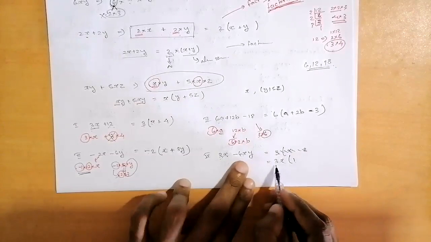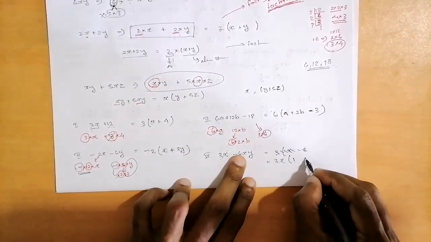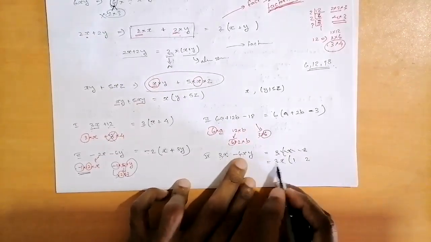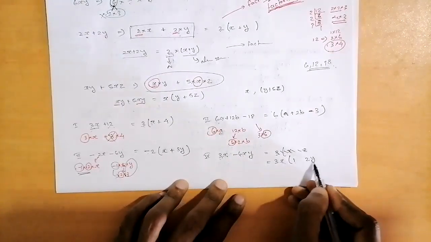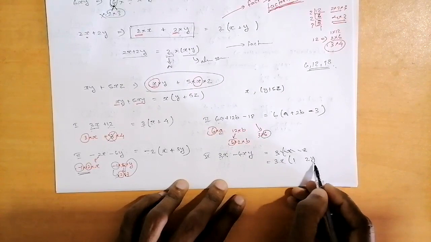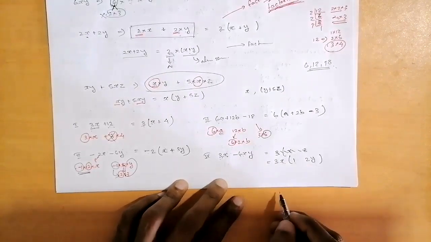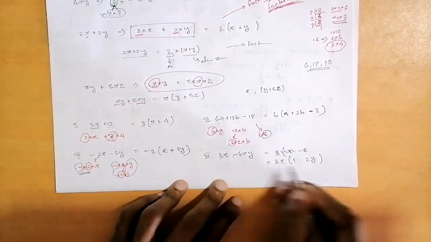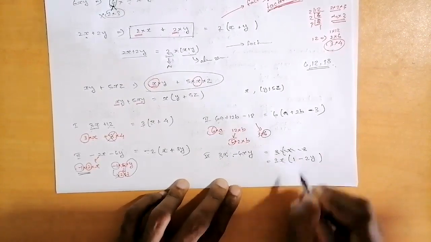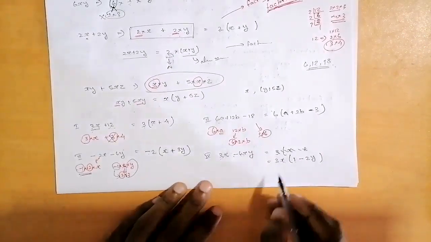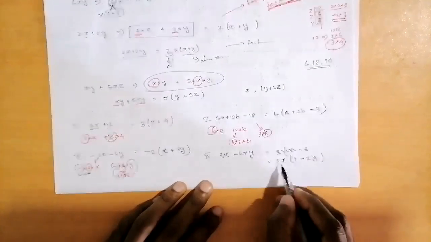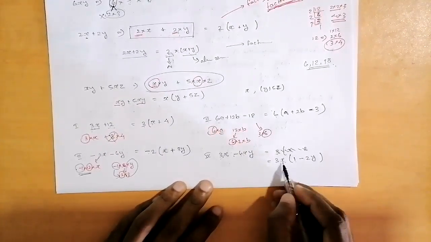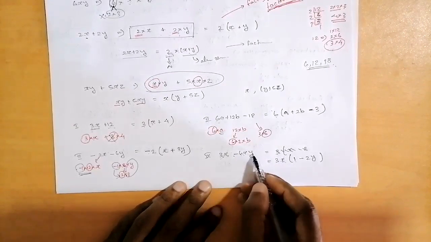If we take 3 from 6, remaining is 2. x is taken out, so remaining is y. So 3x into 2y is 6xy. The middle sign doesn't change, minus. Multiply it: 3x into 1, 3x, minus 3x into 2y, 6xy.